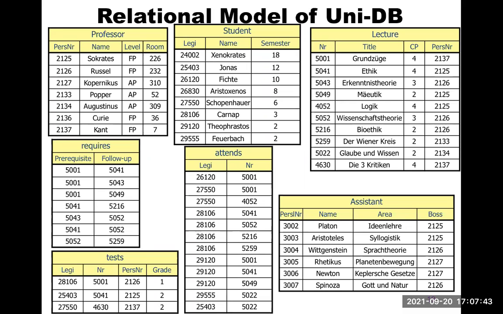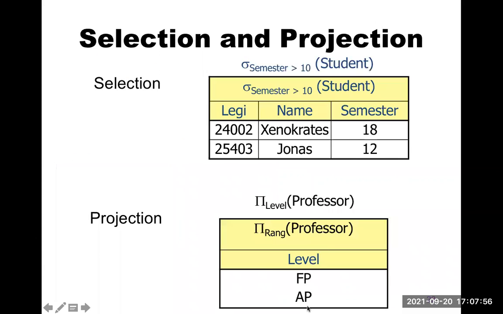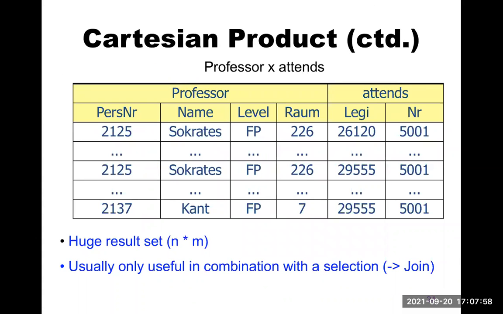So the size of the professor Cartesian product with attendance is 84. 7 multiplied by 12. So 84 records in the result of this Cartesian product. Not too much sense to generate such a result. Why do we want to have such a table? What for? Professors and lecture attendance.